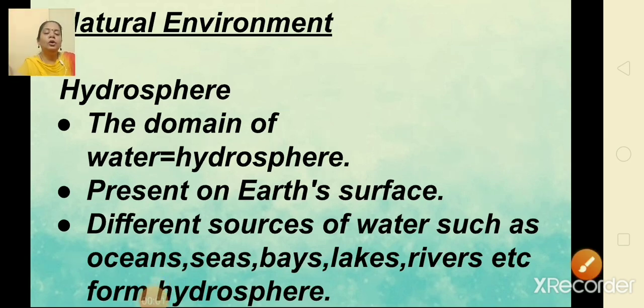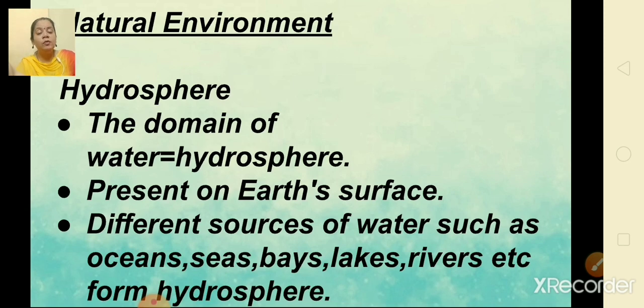Children, in short, the domain of water is termed as the hydrosphere, right? And it is one of the essential things that is required by all the living organisms to survive, right children?